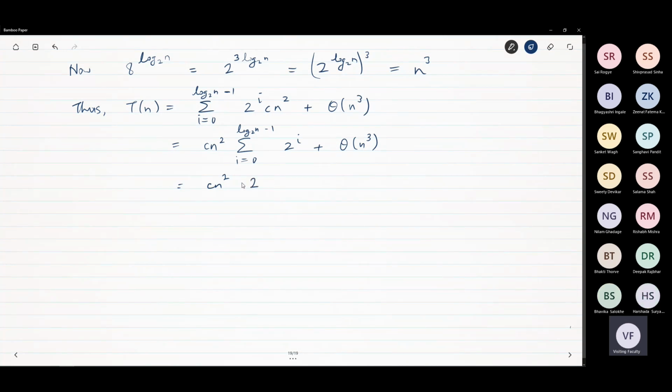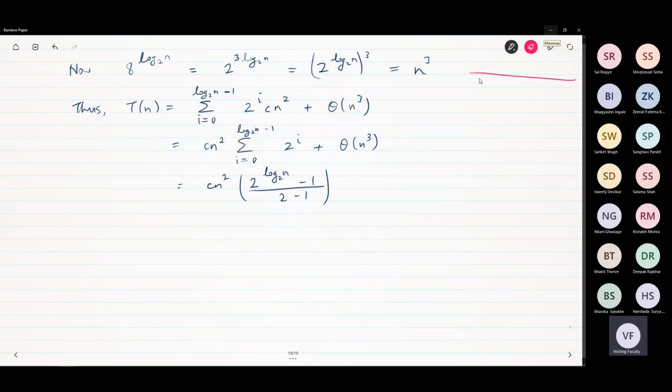This is equal to 2 raised to log n to the base 2, minus 1, by 2 minus 1. Just see the sum of the geometric series formula. Remember?